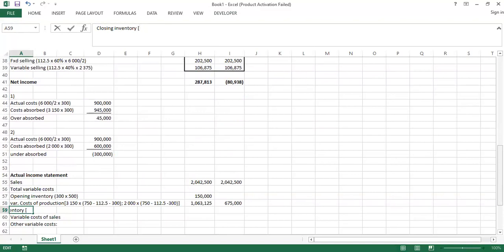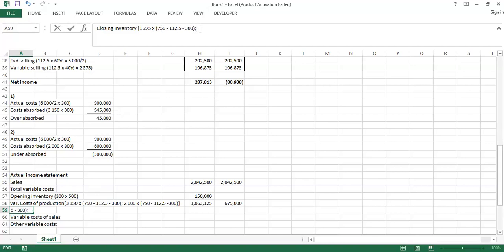Let's do this. 1275 times, the same as what we did there on top, 750 minus 112.5 minus 300. Okay, that's for the first one. Let's do the second one. There's supposed to be a bracket somewhere there. Let's put that bracket there to indicate how we need to work this out.